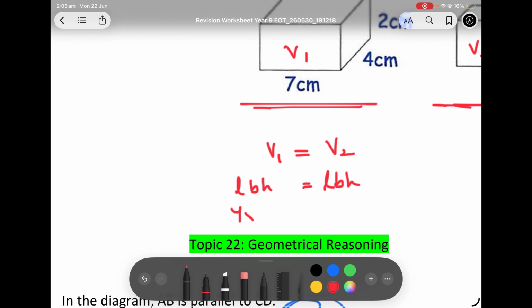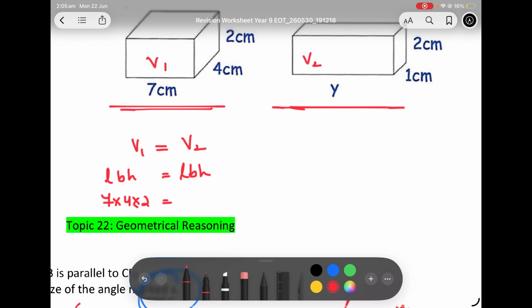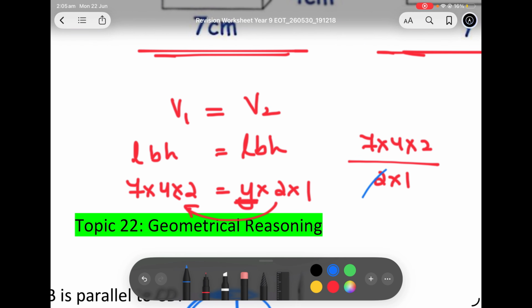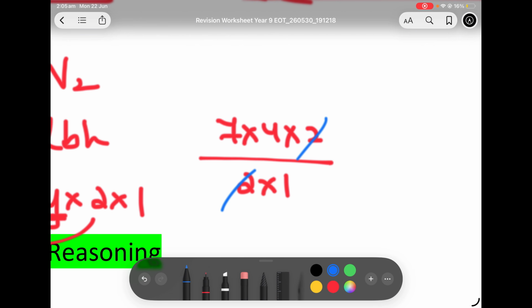That is 7 times 4 times 2 is equal to y times 2 times 1. I need to keep the y here, and everything else comes over. So 7 into 4 into 2 divided by 2 into 1. The 2 and 2 get cancelled because they are in multiplication. Then I'm left with 28 as the y value.